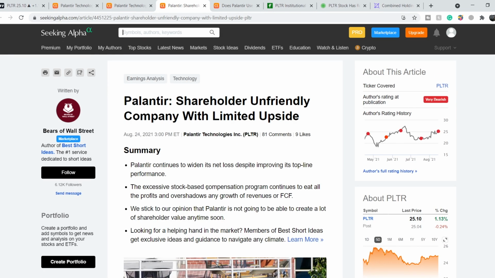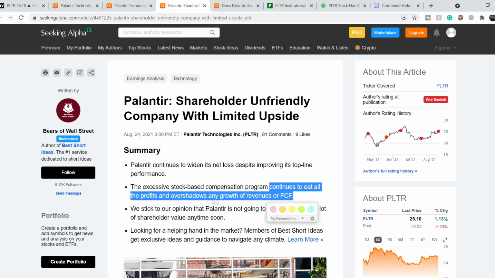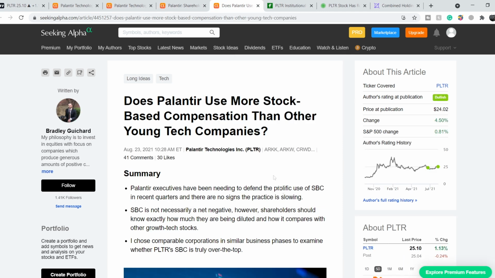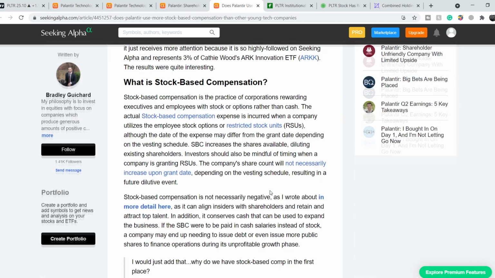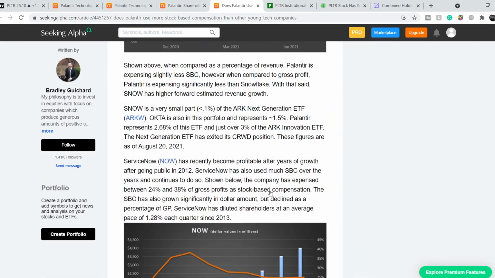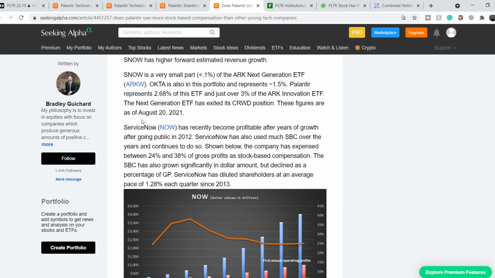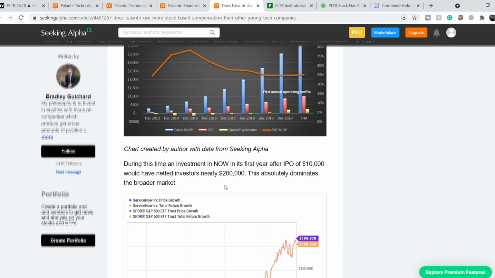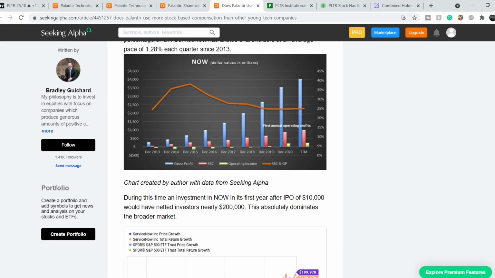Right here you can see that stock-based compensation is diluting the shareholders, and it continues to eat all the profits and overshadows any growth of revenues or free cash flow. And right here you can see that from this point of view, stock-based compensation is not so severe, because right here we have a comparison with the NOW ticker, it is ServiceNow, and let me quote you this.